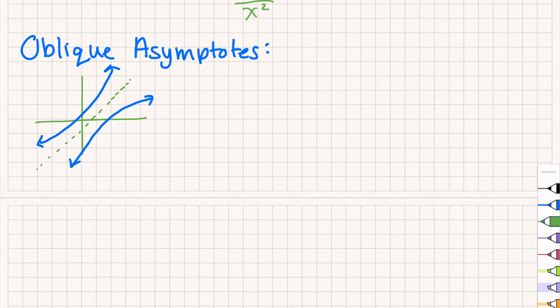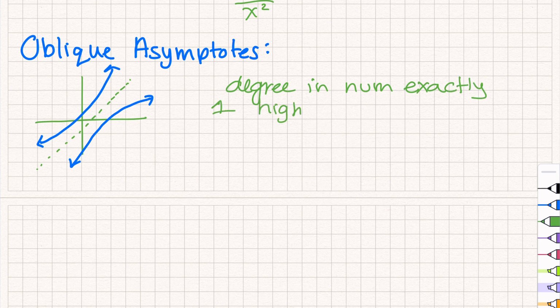A function f(x) has an oblique asymptote if and only if the degree in the numerator is exactly 1 higher than the degree in the denominator. So it has to be exactly 1 higher.